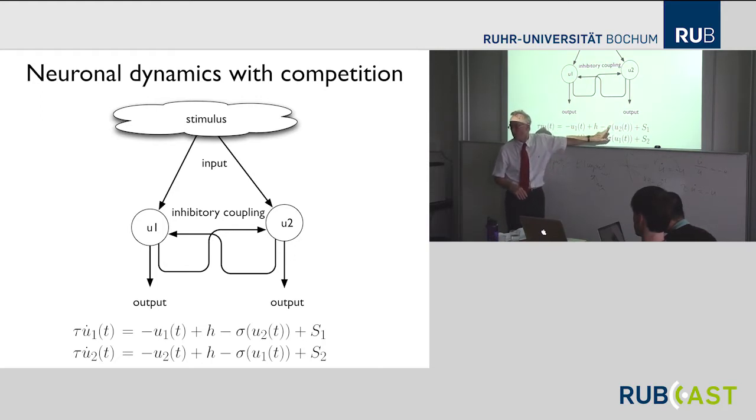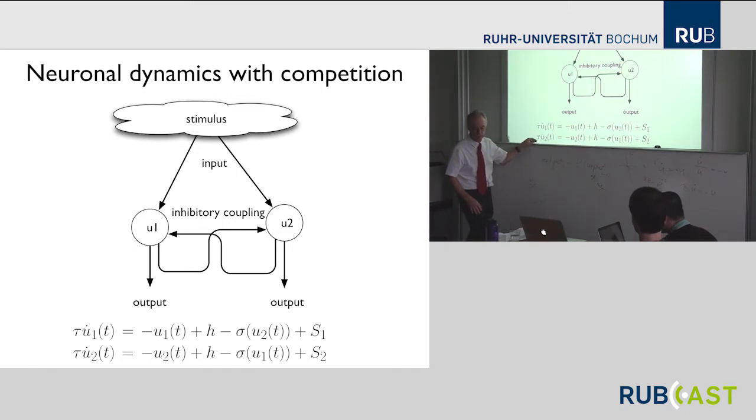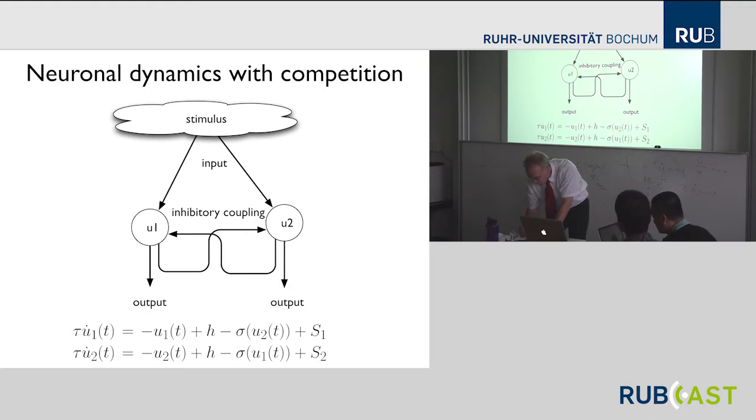I should have put a constant here. We have a constant in the program. And here neuron number 1 shows up with a minus in the equation for neuron number 2. And I have some inputs on the right-hand side as well. Right, that's clear to everyone?